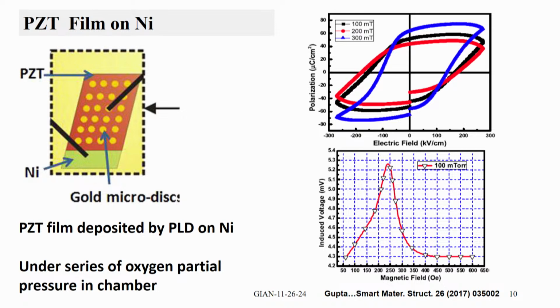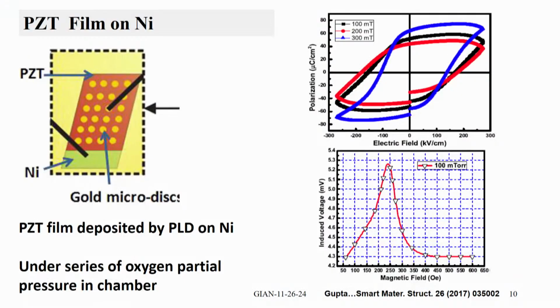But what's important here is what is the induced magnetoelectric voltage as a function of the bias field, and this is the PCT film sputtered at a partial pressure of 100 millitorr. I am pretty sure that this has to be deposited in oxygen atmosphere, because PCT is essentially an oxide.